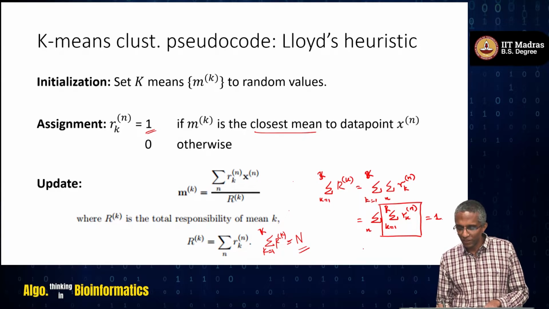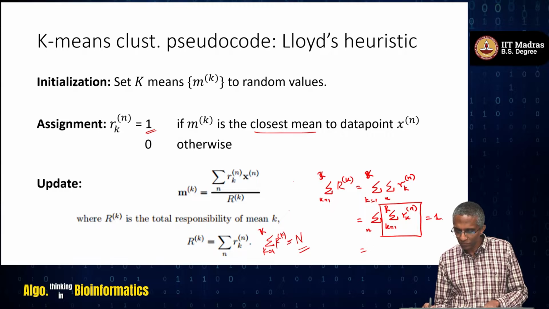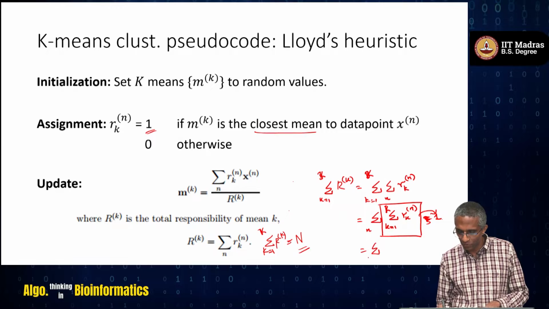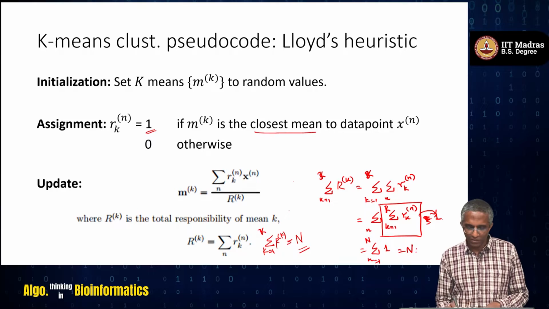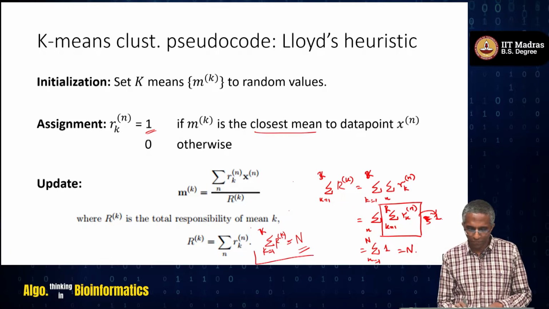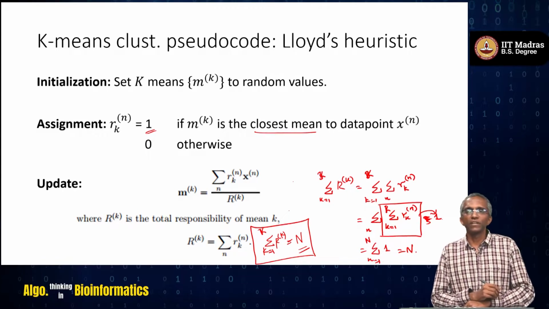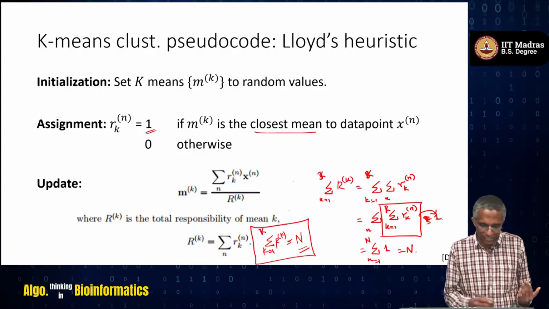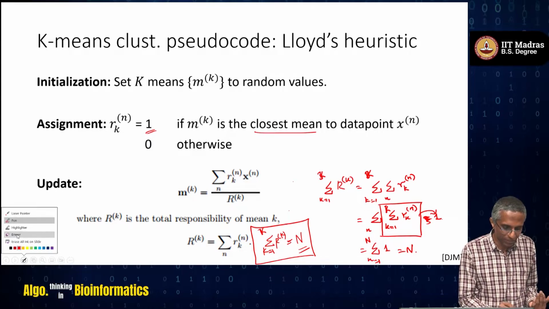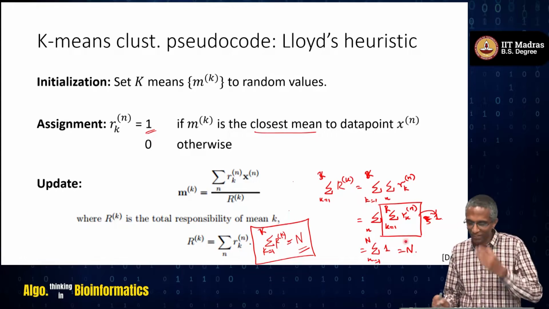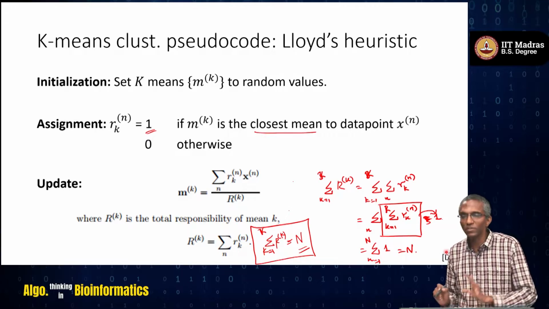So, this particular box will be 1. You will be having the sum over n equal to 1 to capital N of 1, and that will be N. So, that is what is shown here: the sum over k equal to 1 to capital K of r of k is N. It's just a very intuitive thing, but sometimes these notations can confuse things, so I just wanted to write it out step by step.